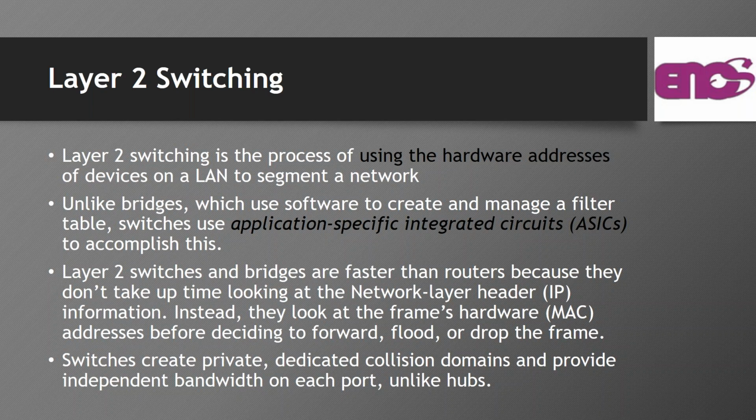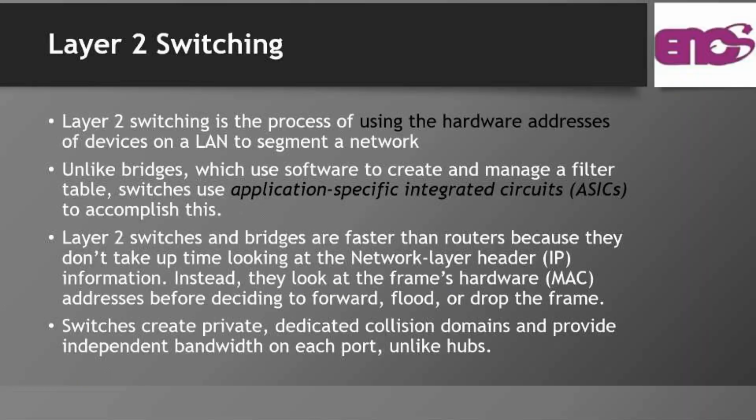Those addresses are what a switch or a device communicates with at layer 2. So a switch is a layer 2 device, a router is a layer 3 device. And remember, at the layer 2 level, what is being exchanged is frames.